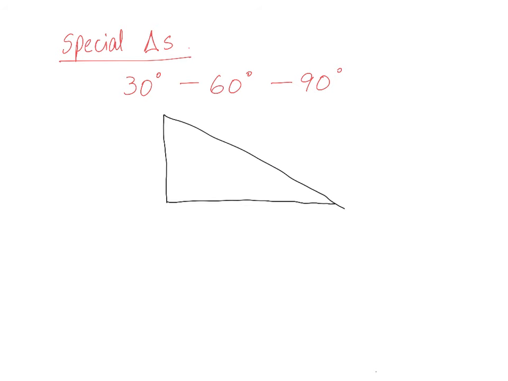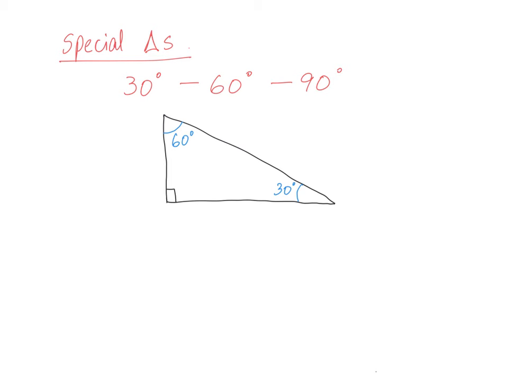So let's just draw a small shape for it. So let's say if this is 60 and this is 30, right? So the sides are proportional to the angle, right?